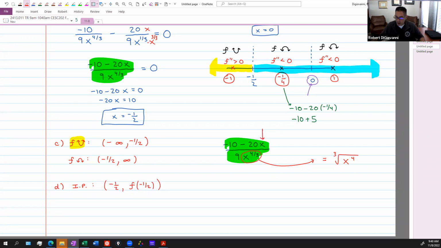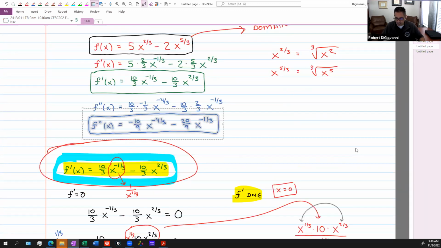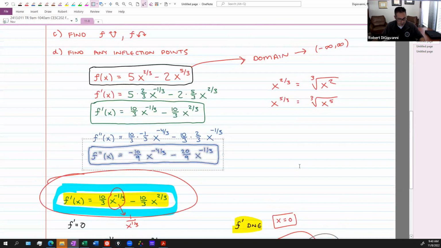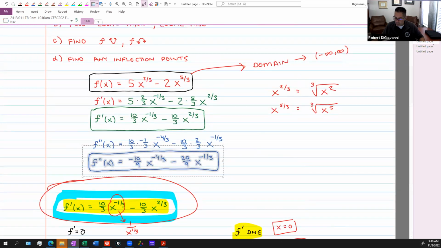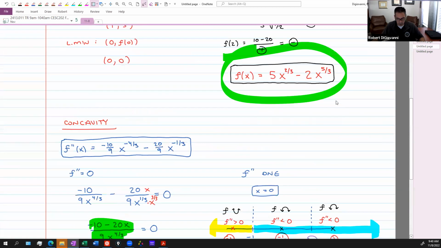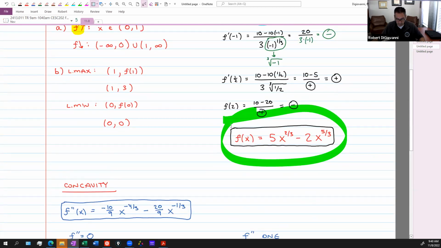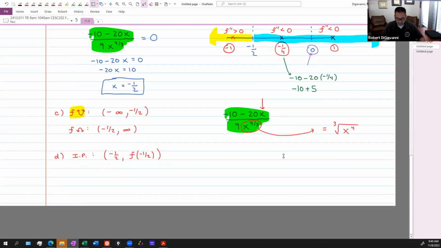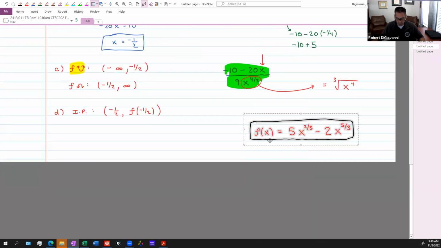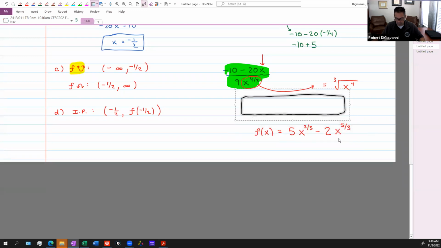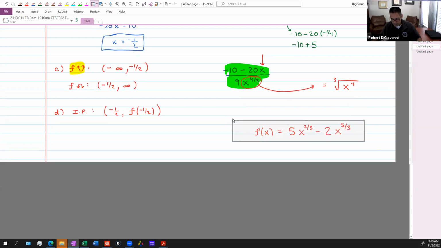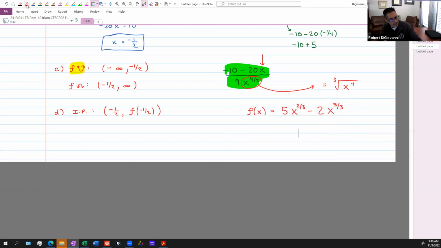Now that's going to suck because I'm probably going to need a calculator to do that. Where's the original function? I used it earlier. Here it was. This problem has only taken us 40 minutes. Let's see here.